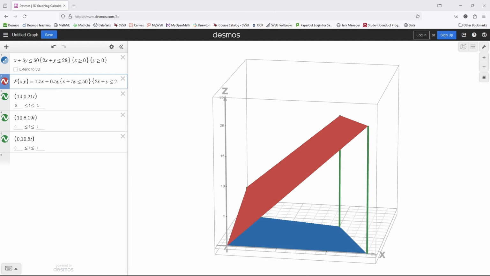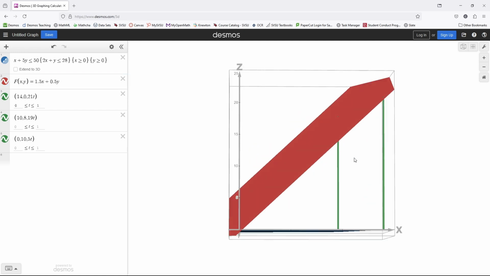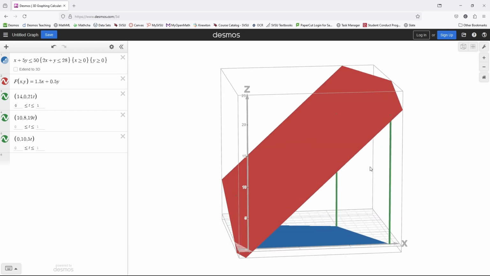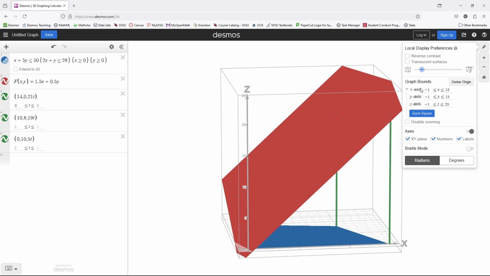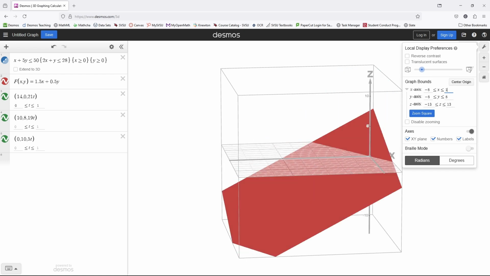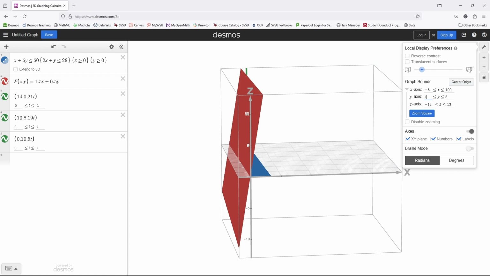Let's say I take these constraints off of f. Then I get this plane, which is just cut off at our viewing window. But if I make my viewing window bigger, let's just go to 100.